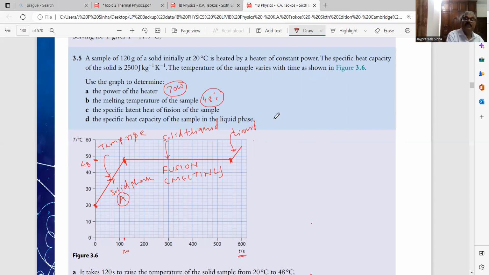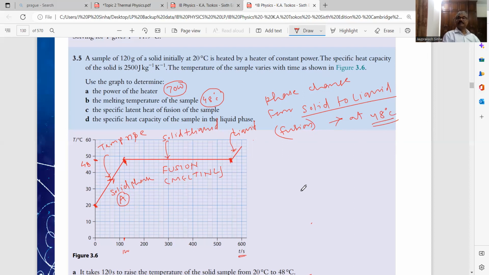We already know that a phase change from solid to liquid or liquid to gas occurs at constant temperature. In this case, solid to liquid means fusion, and this is occurring at 48 degrees Celsius, the constant temperature.